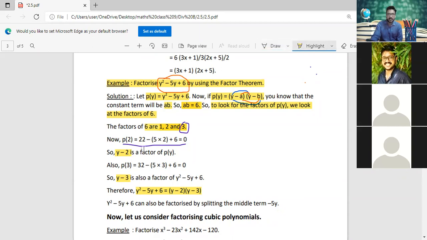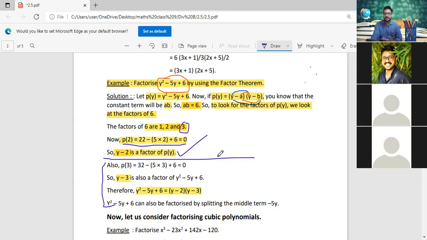See, suppose you have found P of 2 is equal to 0. You will clearly write y minus 2 is a factor of P of y. Some of you may stop till here, because you may think you have found the factor, but actually there are two factors.